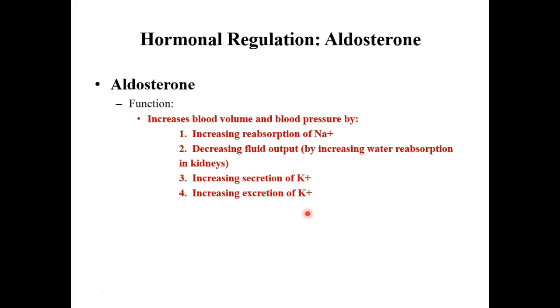So I might increase my secretion of potassium out into my urine output, and I also might increase my excretion of potassium to get rid of it, because the more potassium I have, the more I'm going to reabsorb and hold on to water. But if I secrete potassium, I could actually get rid of that water alongside the potassium.